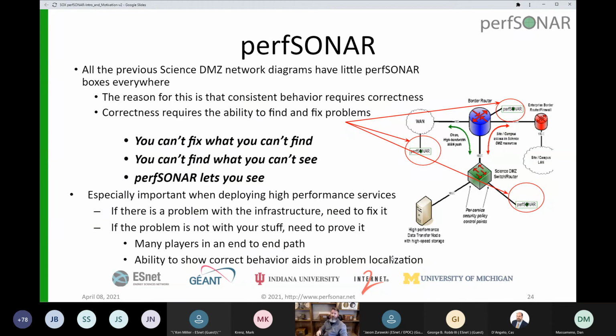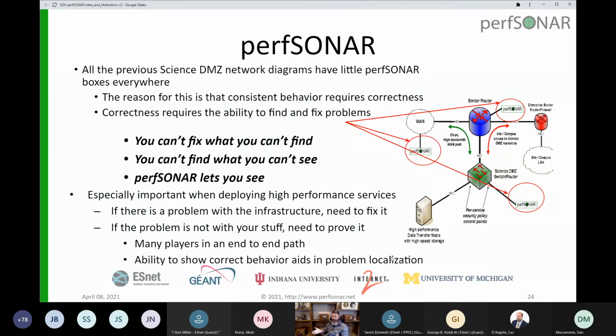When we're talking Science DMZ or a network, we need everything, as we said earlier, to operate basically flawlessly. We need consistent behavior. And if we're going to get consistent behavior out of that network, it means all the little individual pieces have to be correct. Perfsonar gives us the tools to see those individual pieces and get a picture of performance as a whole.